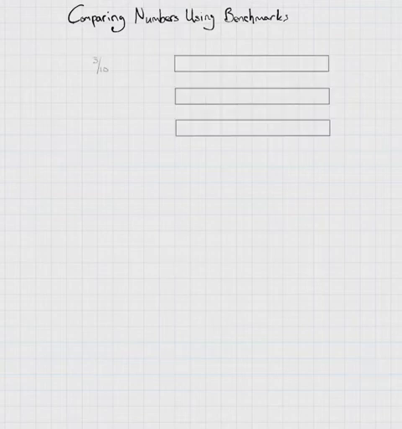Now, let's start off by looking at 3/10. I want to compare that to a half, a whole, or zero, and for most of our examples we'll just work off of a half, and we'll say, okay, well, is 3/10 bigger than a half or smaller than a half, or is it closer to 1 or is it closer to 0?